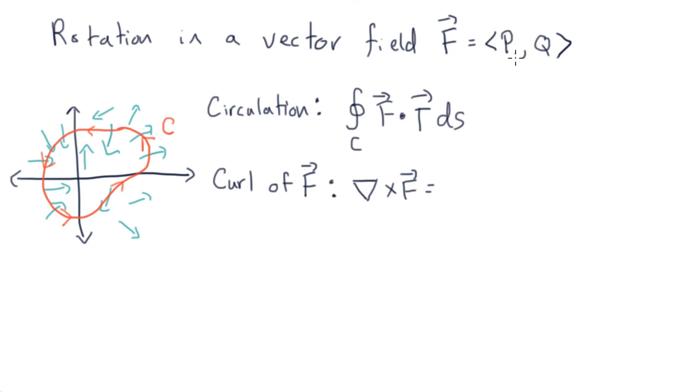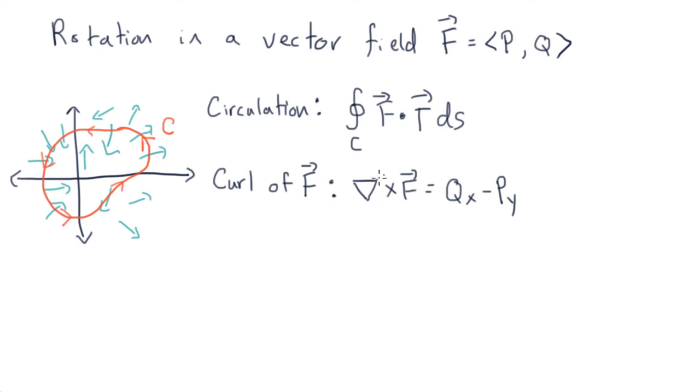Technically it's a vector, but because in 2 variables there's only going to be a z component of the curl, I'm just going to write that the curl is actually qx minus py. If I set up the cross product, my component functions would be p, q, and then 0 for the z component, and you would just work it out.